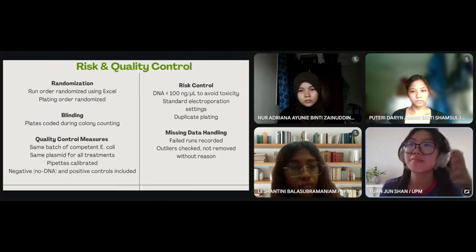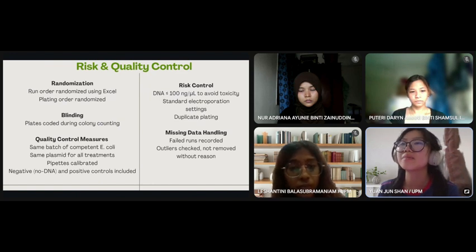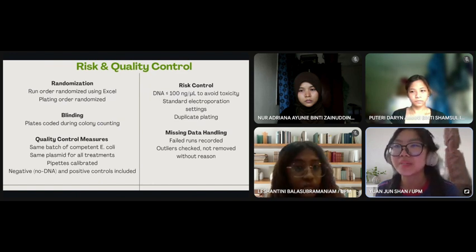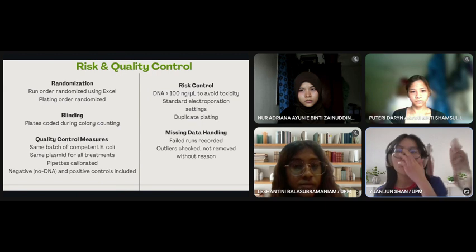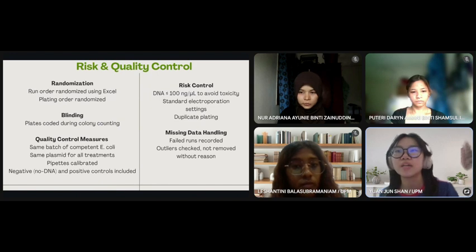we have used the same batch of competent E. coli and also the same plasmid for all treatments, and the pipettes are also calibrated. We also ensured that negative and positive controls are included.